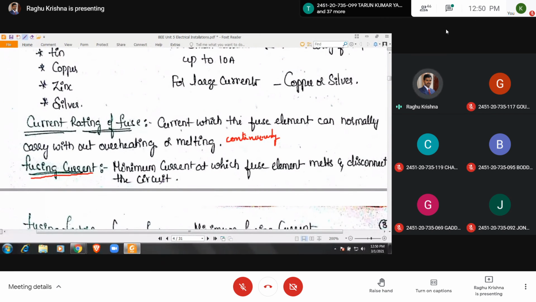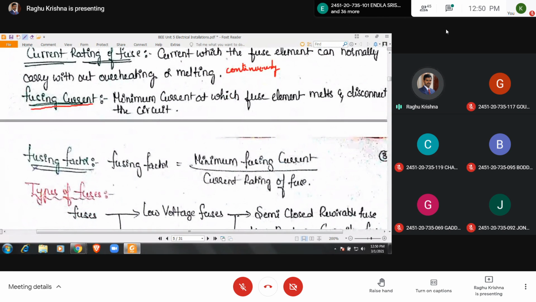Next, coming to the fusing factor. Fusing factor is equal to minimum fusing current divided by the current rating of the fuse.